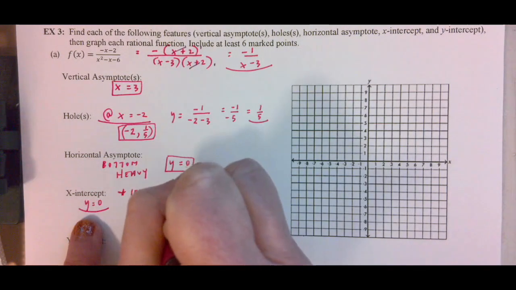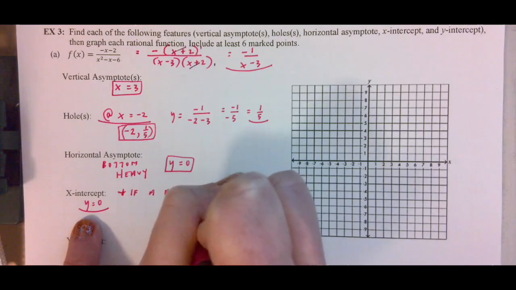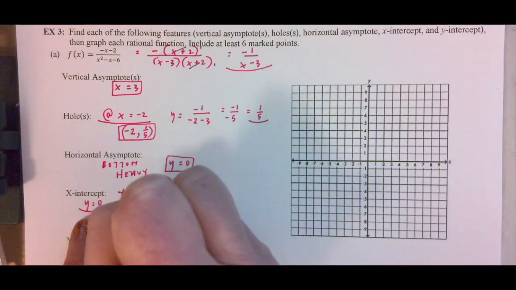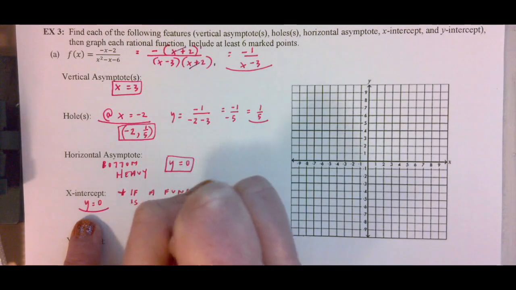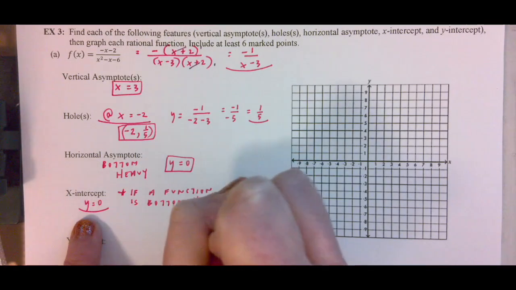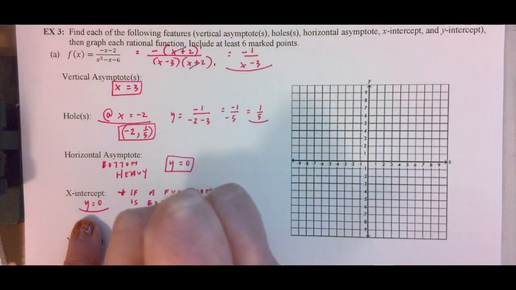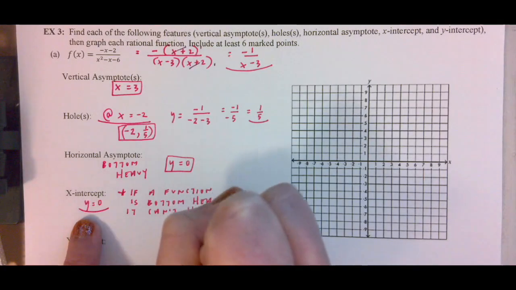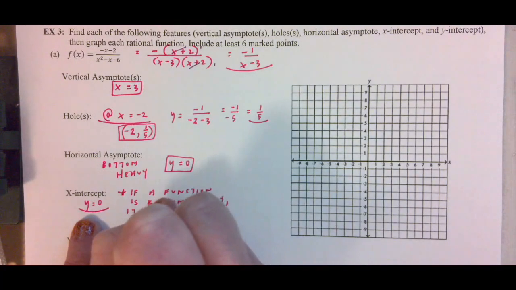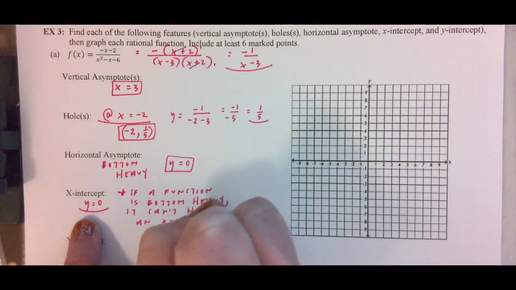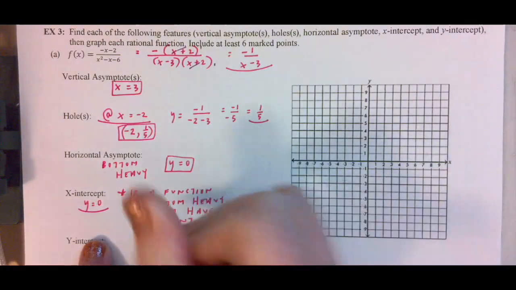If a function is bottom heavy, it can't have an x-intercept. Right, so we would say none.